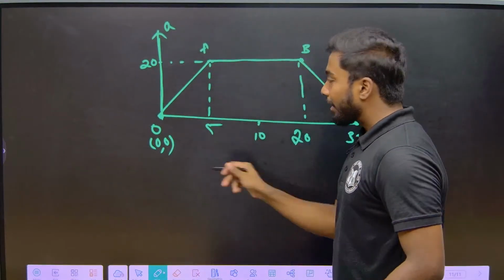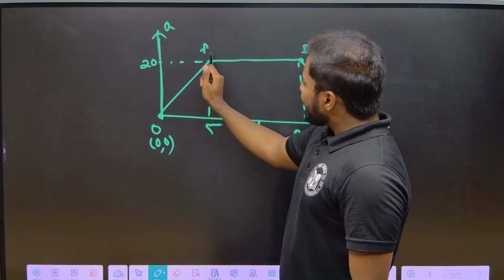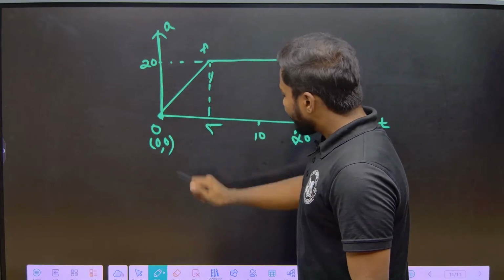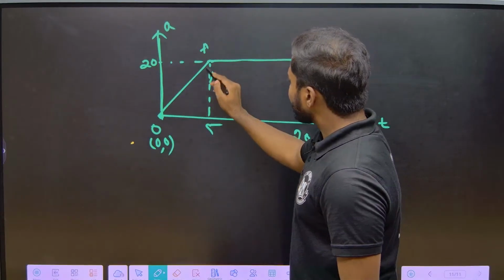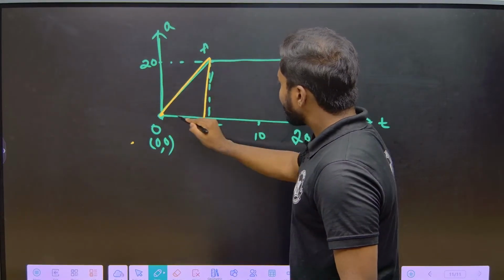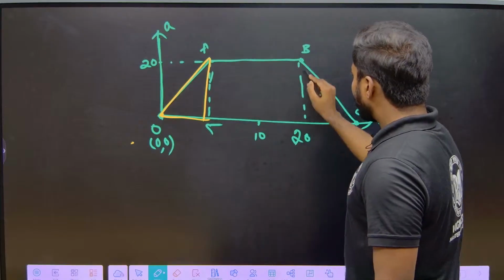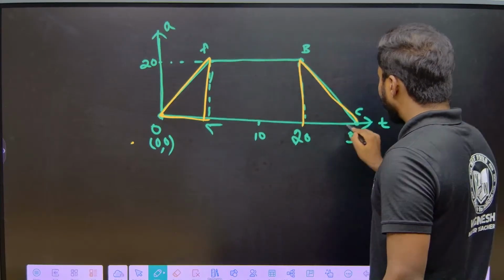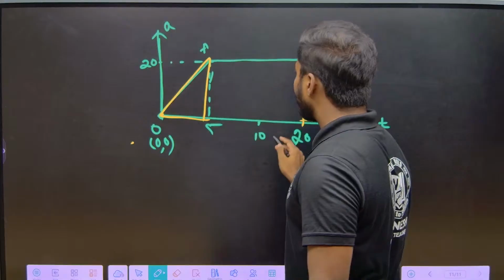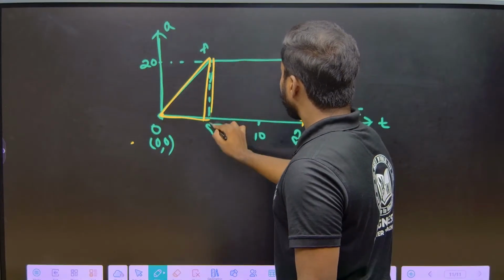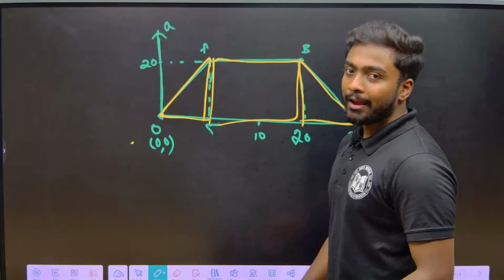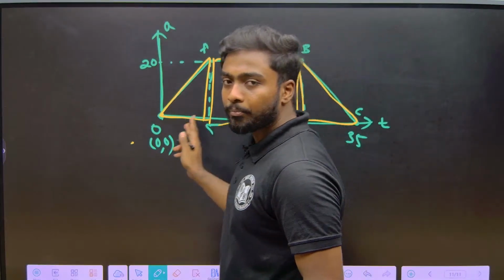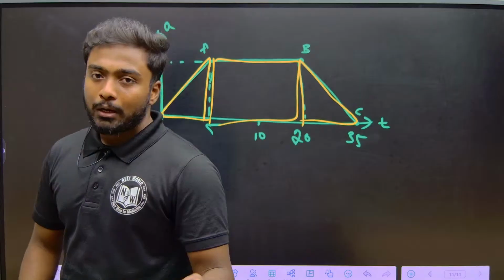So if I want to find the area, is this looking like a triangle? Similarly, this also looks like a triangle, no? So two triangles are there, and this one is a rectangle. So you can find the area of the triangles and rectangle, add everything, and you will get the velocity.